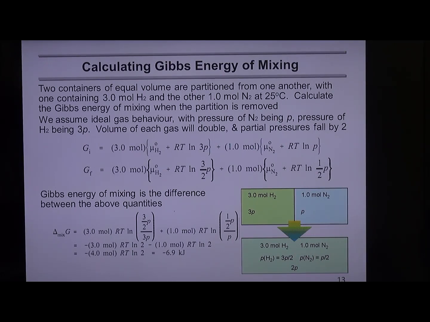The gases have different numbers of moles, but the same temperature and same volume, which means that if they are both perfect gases, their pressures are different. If the pressure of nitrogen is P, then the pressure of hydrogen should be 3P, right?